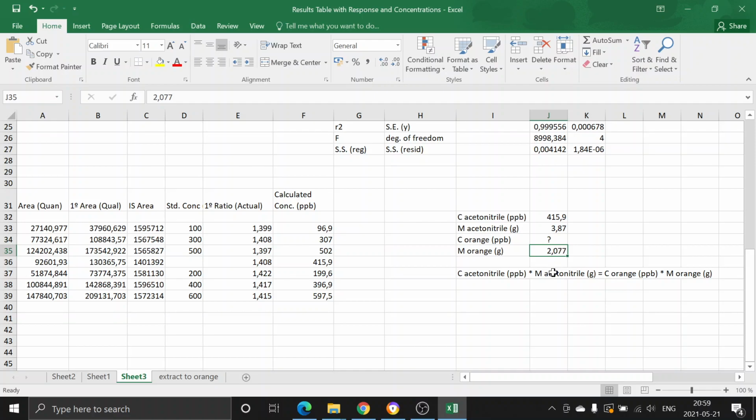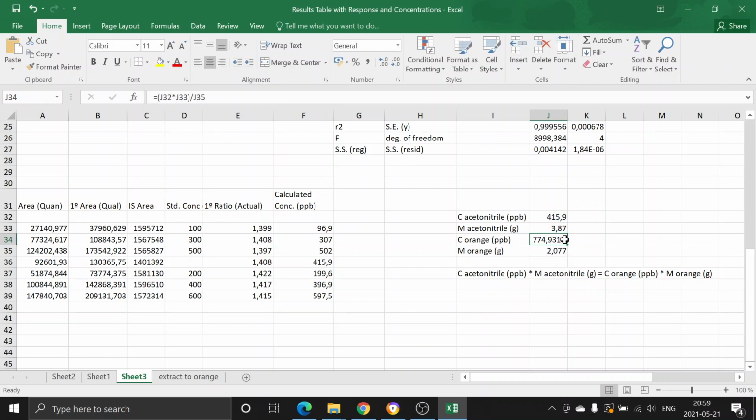So let's put these into this equation and solve it for C orange. C orange is gonna be equal to C acetonitrile times M acetonitrile, right? And this is gonna be divided by the M orange value, which is in here.